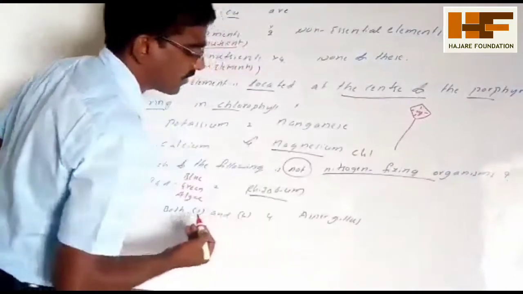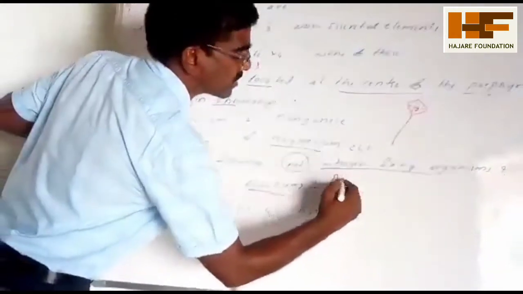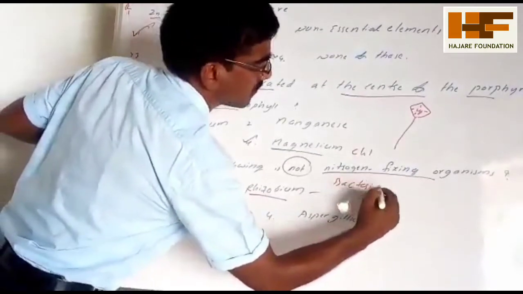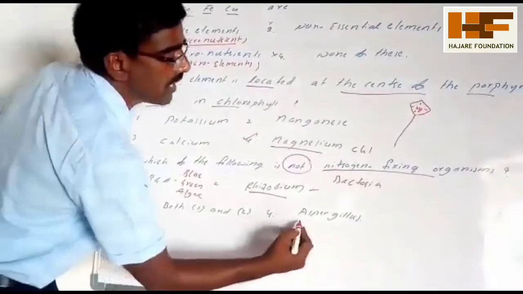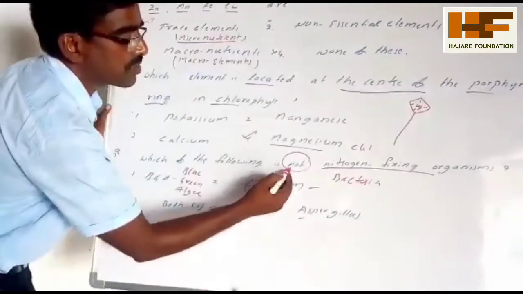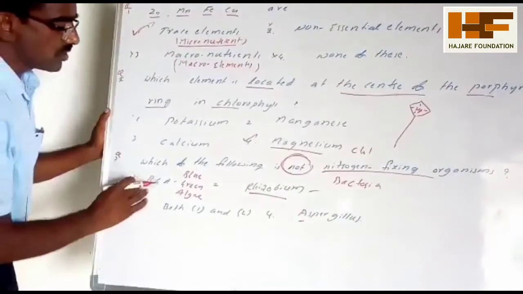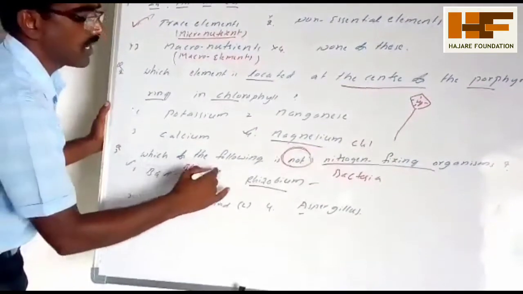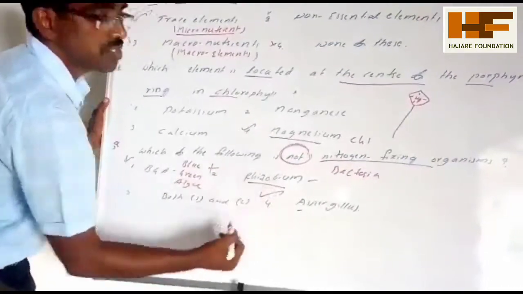The second option is Rhizobium, which is one of the bacteria. The third is both 1 and 2. The fourth is Aspergillus. The question asks for the one that is not a nitrogen fixing organism. The first two are nitrogen fixing organisms, so they are not correct options. The right option is Aspergillus.